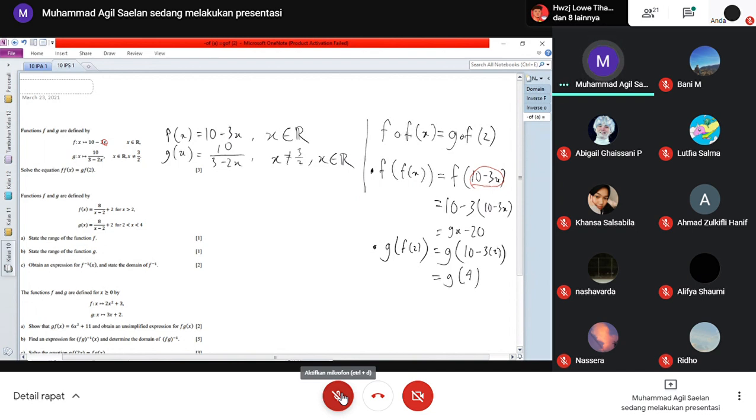Then evaluate g of 4, which is 10 over 3 minus 2 times 4. 2 times 4 is 8, so 3 minus 8 is negative 5. So 10 divided by negative 5 equals negative 2.